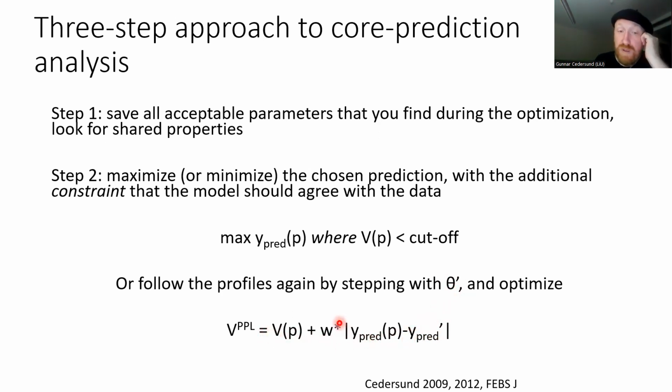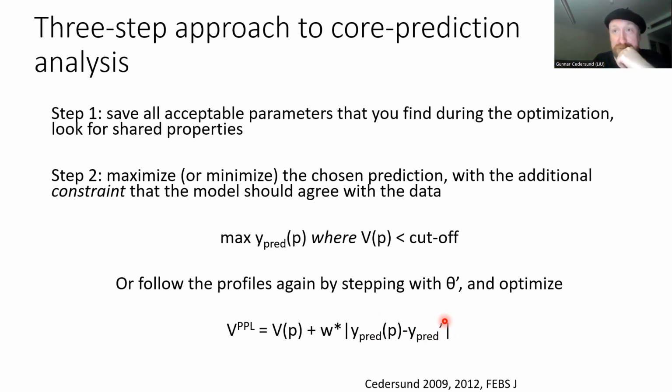And if W here is a very big value, the optimization will ensure that ypred, which depends on the parameters, is equal to this particular value that you have set it to, so that you are stepping.